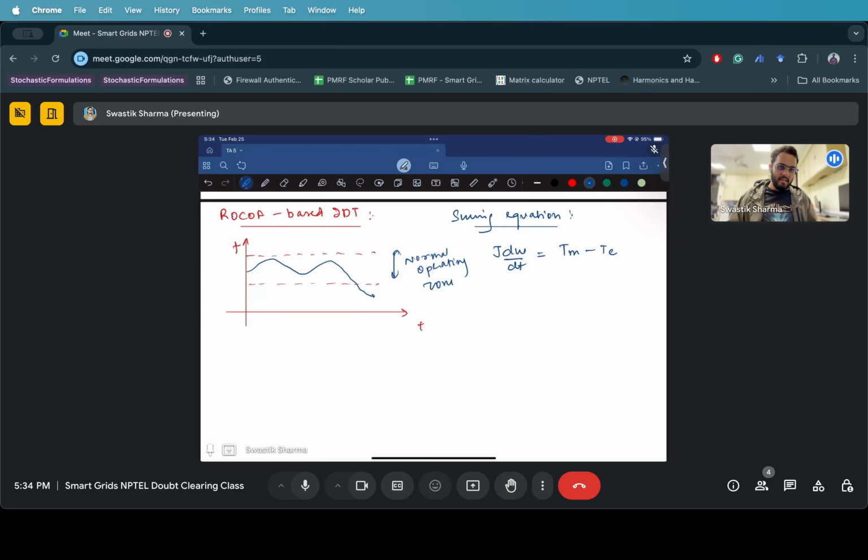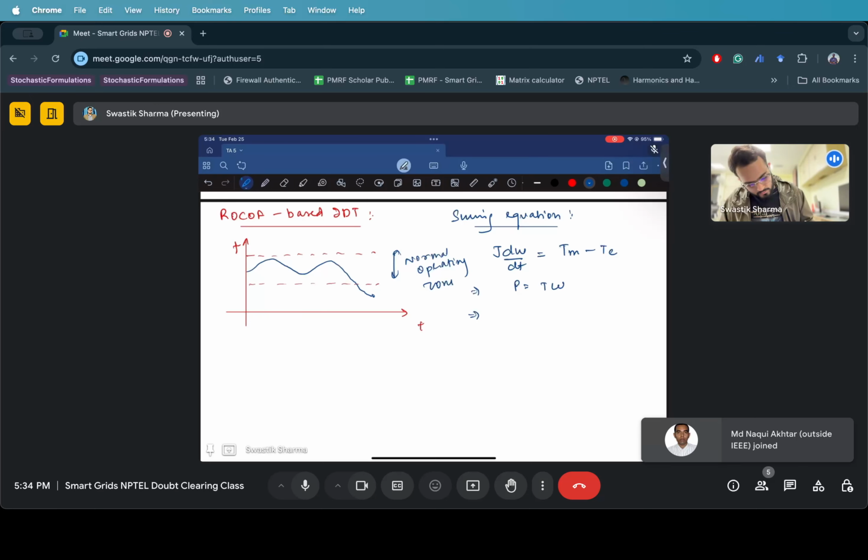This is the swing equation in its entire sense: the mechanical torque minus the electrical torque gives the change in frequency multiplied by the moment of inertia. So let's convert it into the power domain. We know P equals T omega, right? That means d omega by dt is nothing but (Pm minus Pe) upon J omega, right?